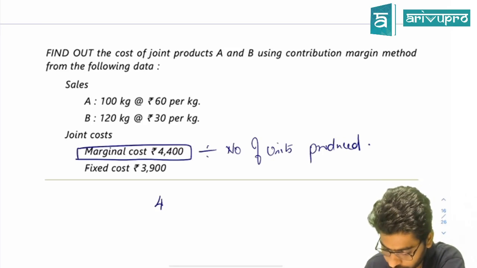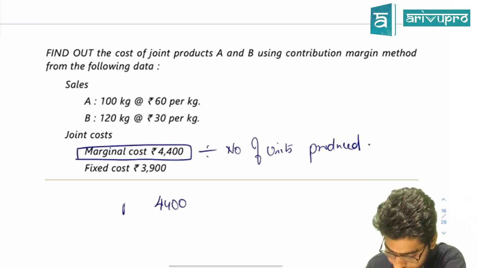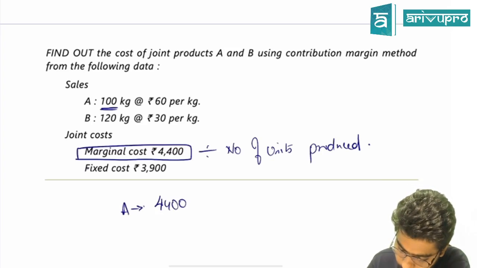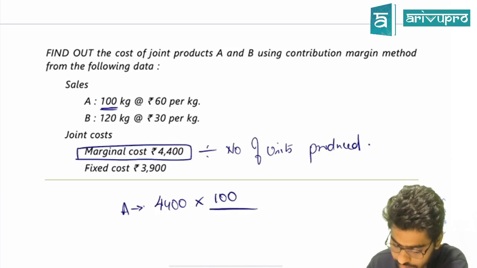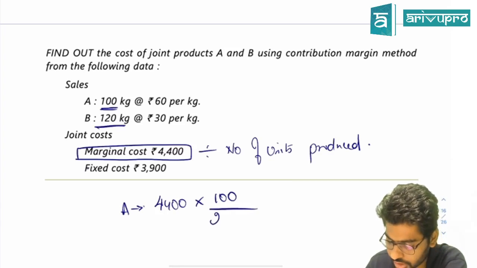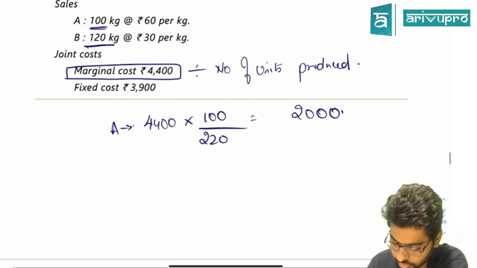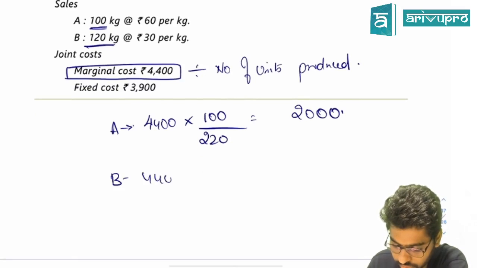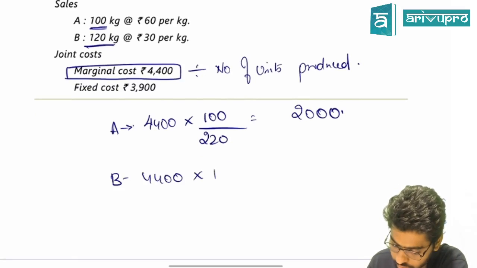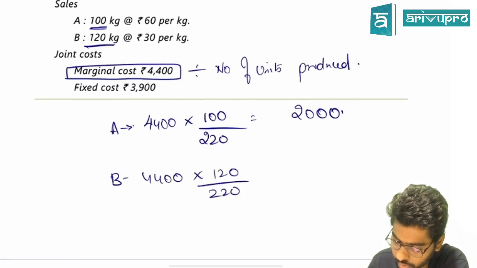So 4400 for A, number of units produced is 100 divided by the total number of units, 220. So that comes to 2000. For B, it will be 4400 into 120 divided by 220.